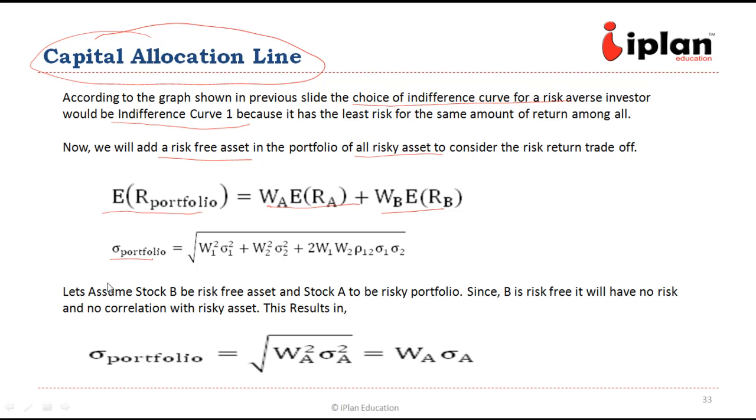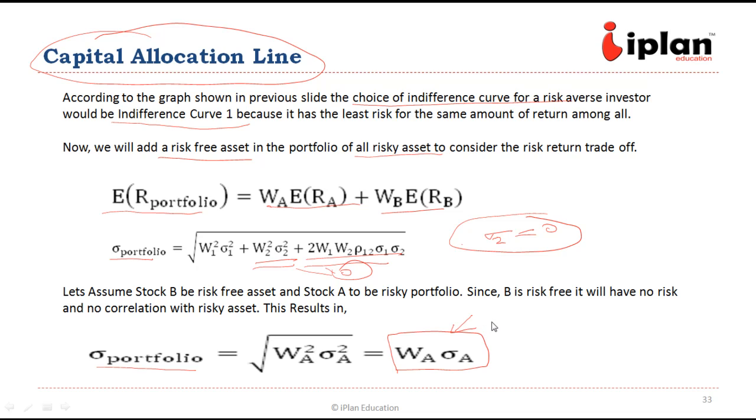Suppose the second is the risk-free asset, the standard deviation is 0 for a risk-free asset. So these two terms will become 0, and portfolio standard deviation will be W1 sigma 1, or WA sigma A. That indicates that risk will be only due to the first asset, which is the risky asset.